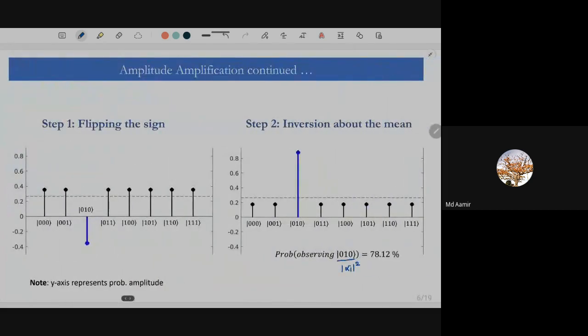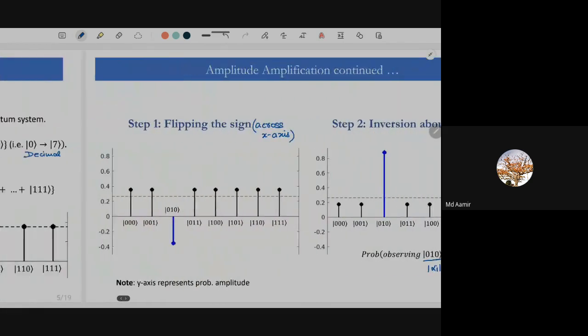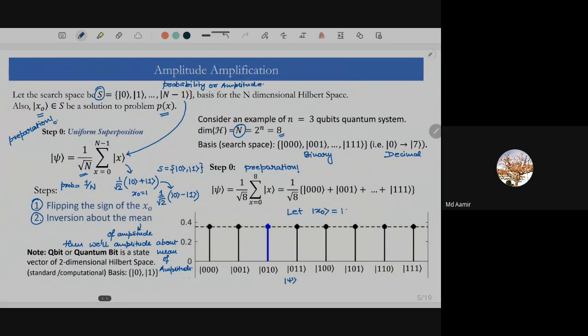Now we will do the flipping of the sign. This is step 1: flipping the sign across the x-axis. We have assumed the solution x naught here. Let's assume x naught equals 010.